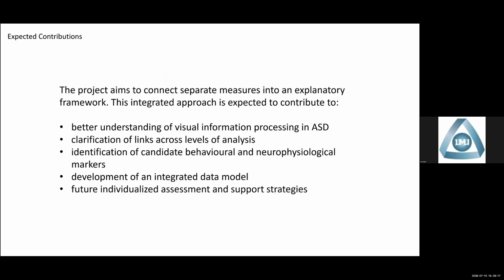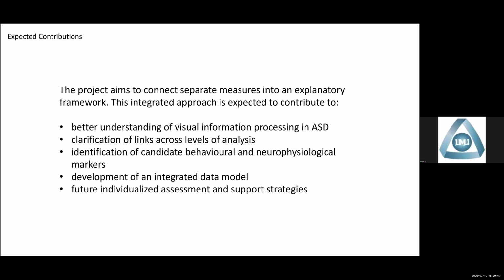Our aim is not only to collect different results from different tasks, but to connect separate measures and to find the mechanism through which different levels in the visual system interact and result in atypical visual perception in autism.